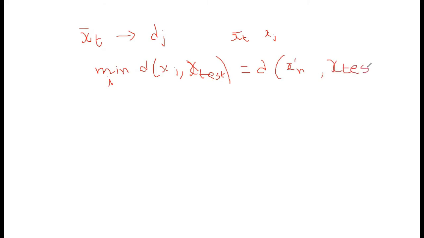This is the Euclidean distance between xt and xi. If you observe, this is the formula: min over i of d of xi comma x test equals d of xj comma x test.